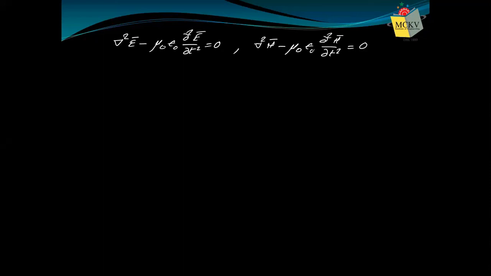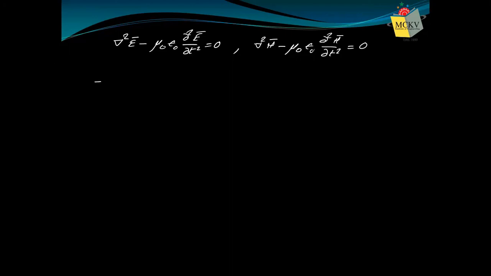In fact, this type of equation is very common in mechanics. These types of equations are called wave equations. That means whenever any type of wave propagates, the motion of the wave is represented by this type of equation.